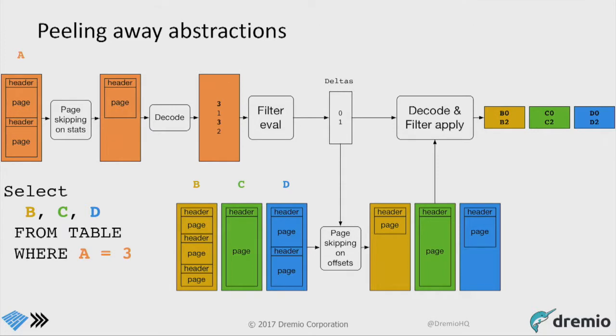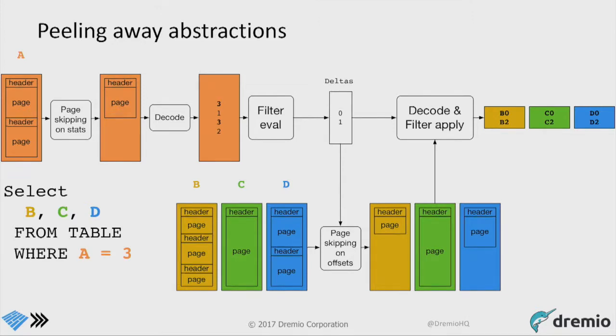It knows the minimum value and the maximum value in this page. So since you want to filter where A equals 3, if the min and max tell you that the min is 5, you know it's not going to be any value in there. You can skip reading that page. You can skip decompressing that page. You can skip decoding that page.